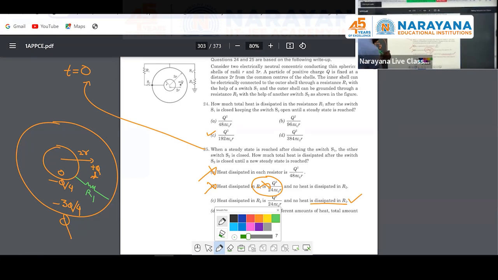And effectively you are also connecting a R2 which is connecting this person to a earth state. You're closing the switch. So as such, you have disturbed the circuit. The outer one is also earthed. Now we need to find out the heat which will be dissipated in both of them. Check now.